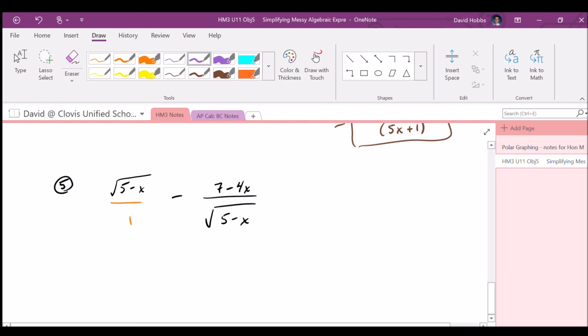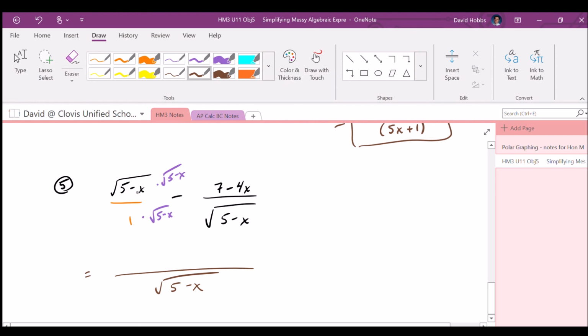To get a common denominator, I just need to multiply top and bottom of the fraction here on the left by that denominator. So I'm going to multiply by root (5 minus x) to the top and bottom. And what do we notice? Well, now we have the common denominator of root (5 minus x).